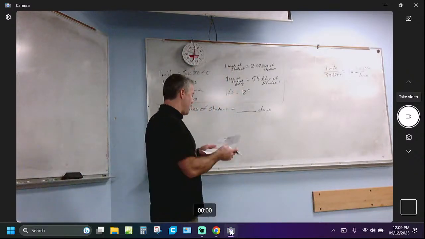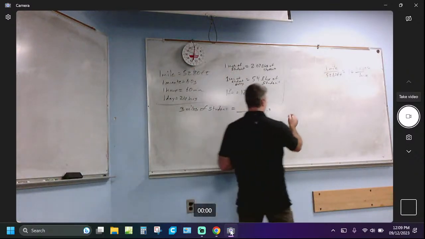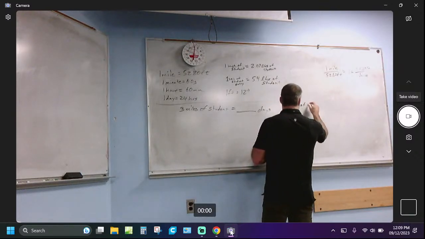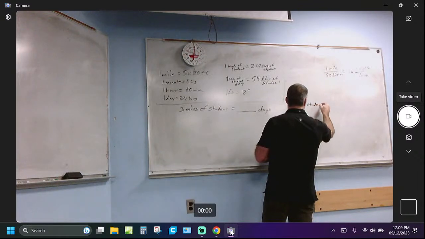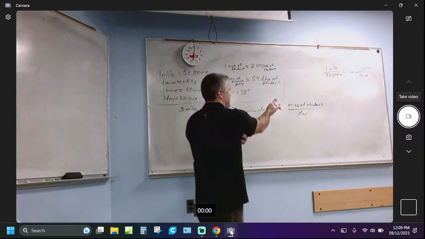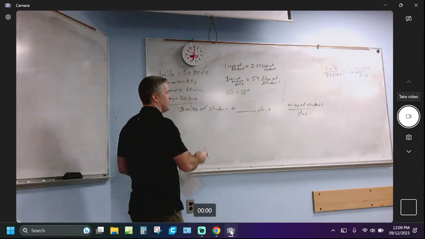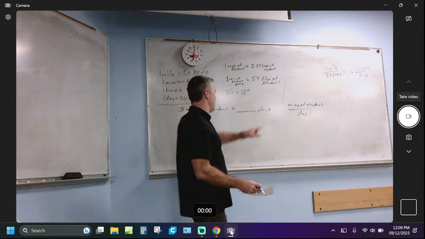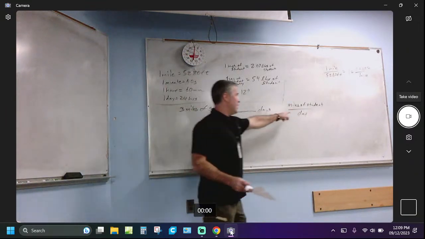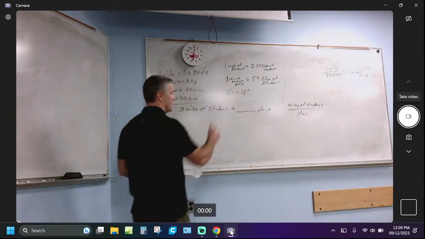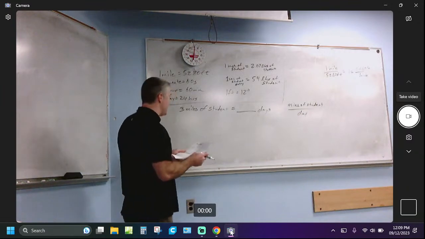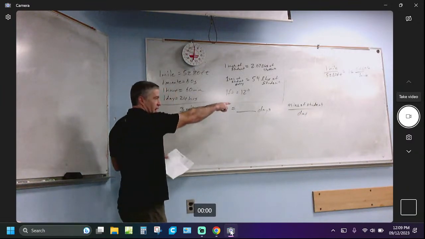But if I can just find the proportions, if I can find the miles of student per day, then once I do that, this is pretty easy. So if it turns out that I can take this information and I can find the missing thing there, or I could do days per mile per student, whatever. I just decided to do it that way. So you can start in different places, but I wanted length on top, basically.